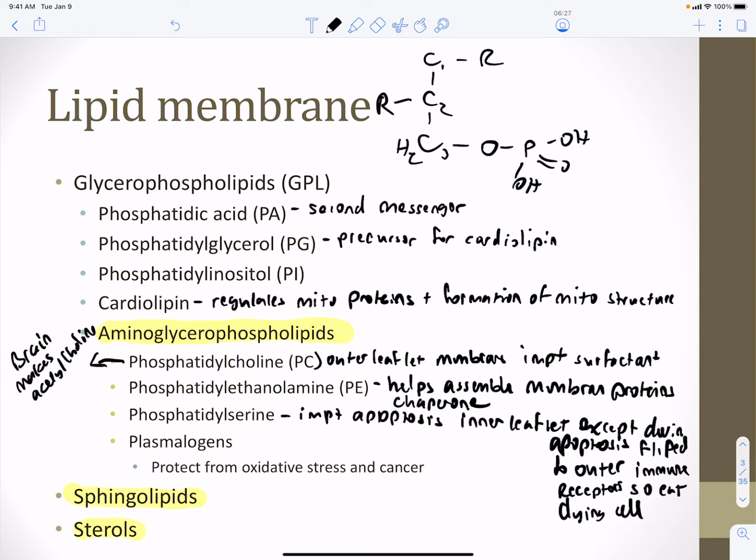And then we have plasmalogens. Plasmalogens are going to help protect cells from oxidative stress and from cancer. And this is important because we always have radical oxygens, lipid peroxidation always occurs in cells, and so our plasmalogens are going to have what's called a vinyl ether bond.